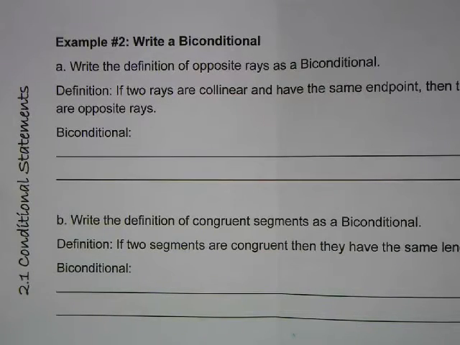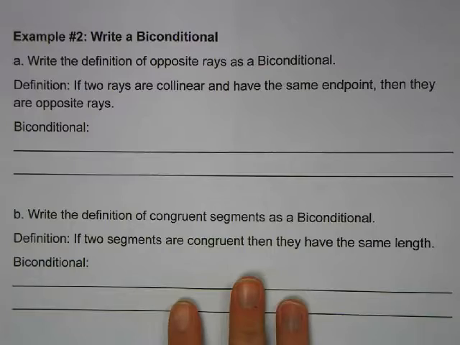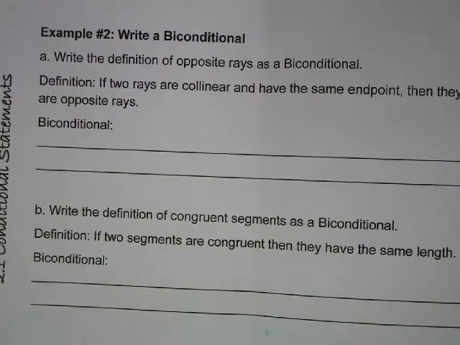So it says, if two rays are collinear and have the same endpoint, then they are opposite rays. So you're going to write this as a biconditional. So you're going to just use the words if and only if. You're not using the words if, then. It's if and only if for biconditional.